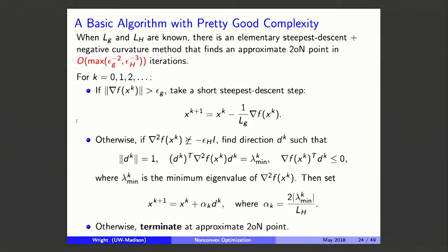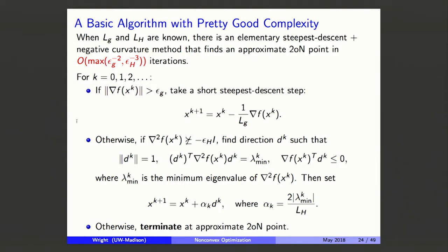Secondly, if the gradient is below this threshold, then it looks at the Hessian, and if the Hessian doesn't satisfy the required condition, that all the eigenvalues are above minus epsilon h, it finds a direction dk that captures the most negative eigenvalue, lambda min, that has unit length, and that's a descent direction. It goes downhill with respect to the gradient. Of course, you're free to flip the sign of dk and still satisfy this property, so you can choose the sign to make sure that it goes negative with respect to the gradient.